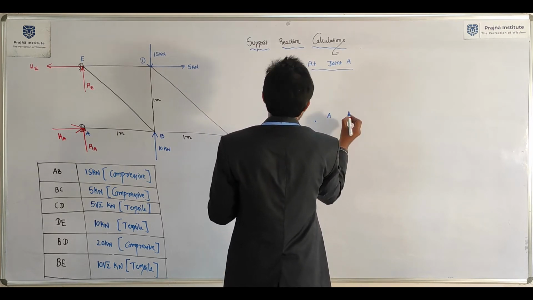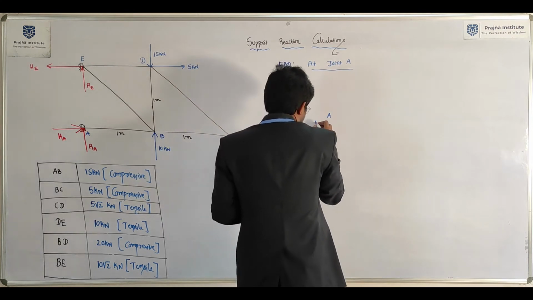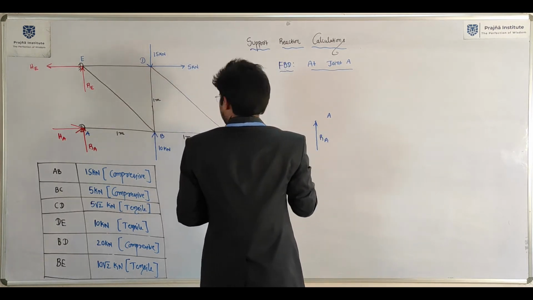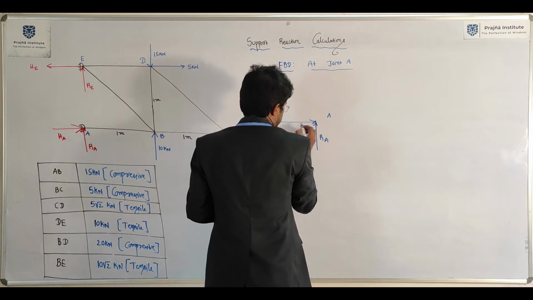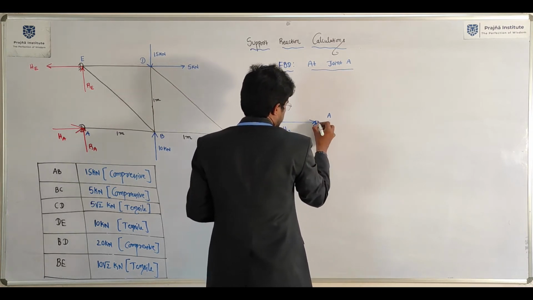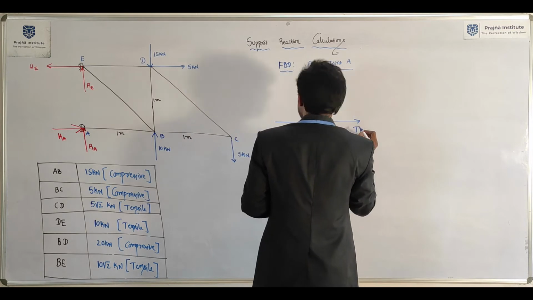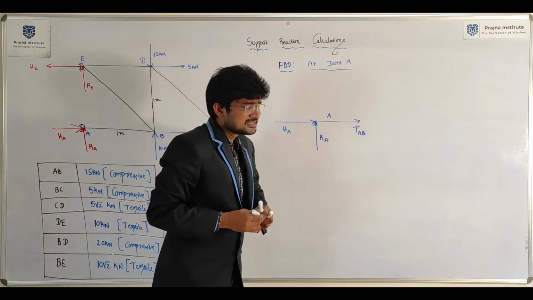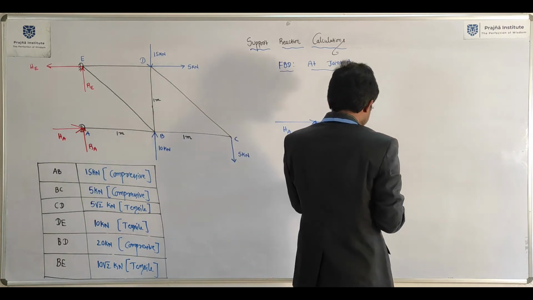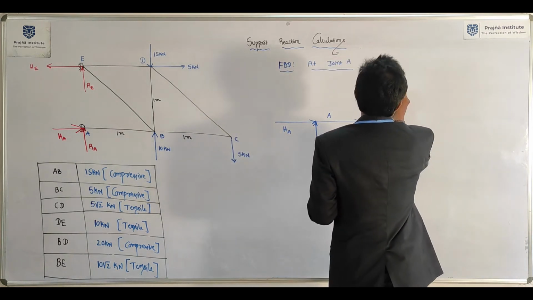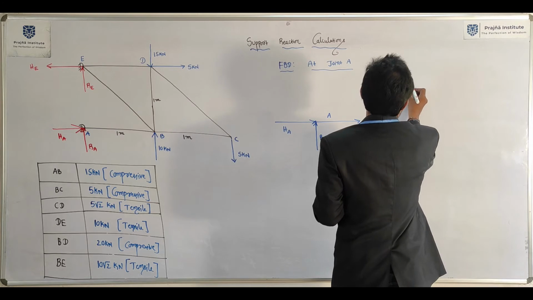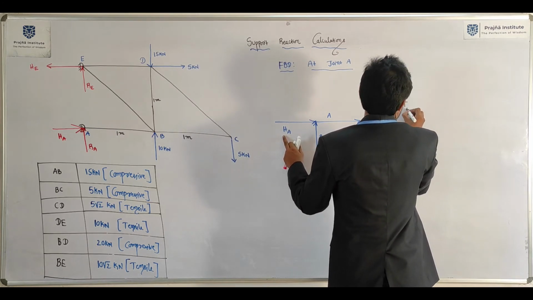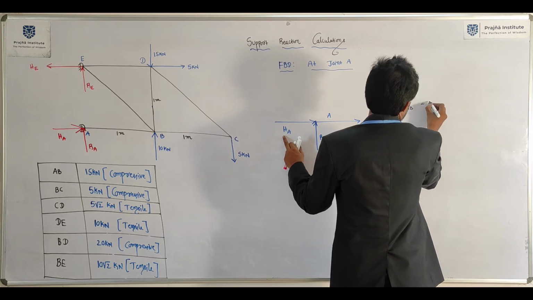This is joint A. Here RA is acting upward, this is HA, and then TAB is acting like this. Just apply equilibrium equations, that is sigma H equals to 0. That means HA plus TAB equals to 0.